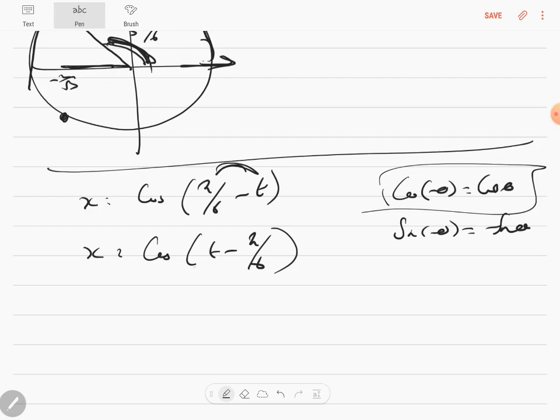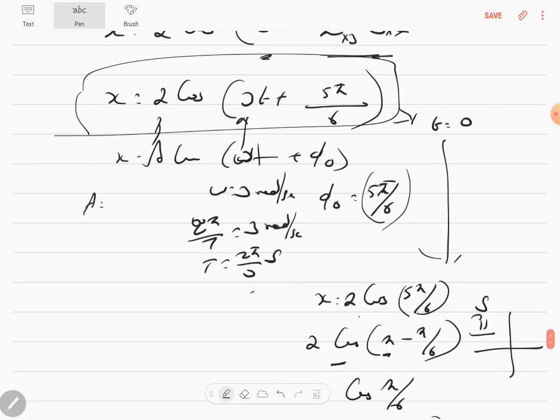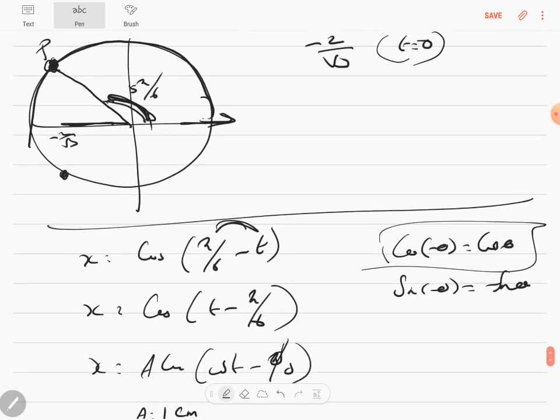So cos of t minus pi by 6, which is like x is equal to a cos omega t minus phi naught. What is the value of a? It is 1, the amplitude, 1 meter or centimeter, whatever. If they ask you for amplitude, x is in centimeter, they have given. So amplitude is 1 centimeter. So you found the amplitude from there.